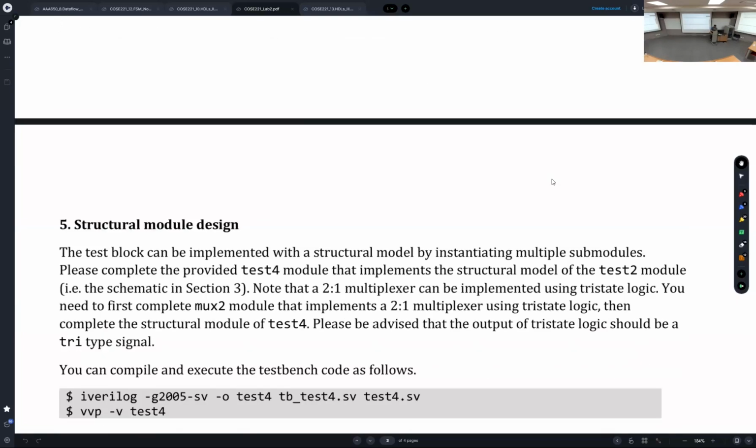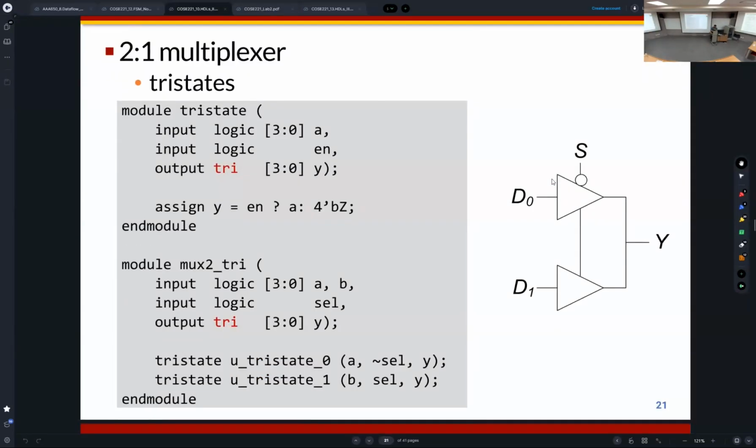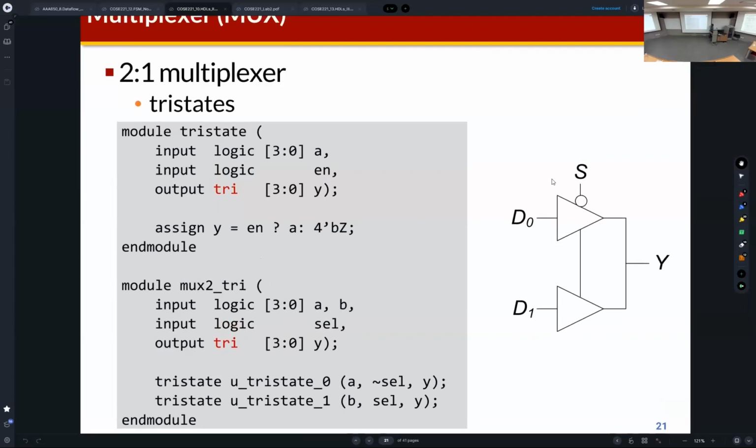Also, I want to fix some examples. This is the example of a 2-to-1 multiplexer implemented with tri-state gate.